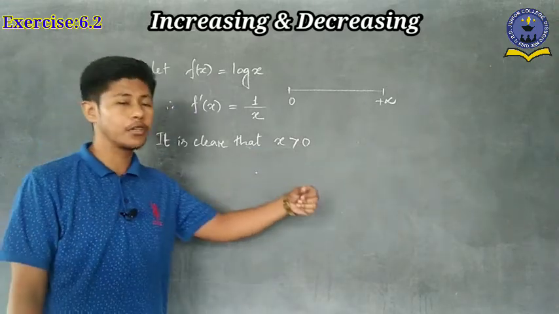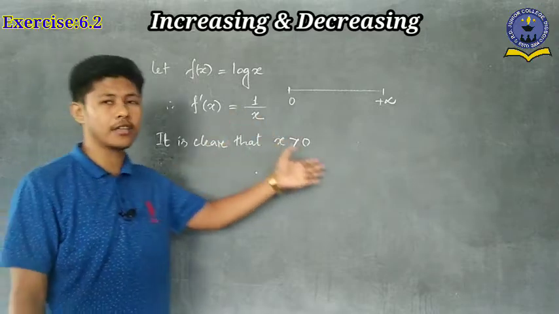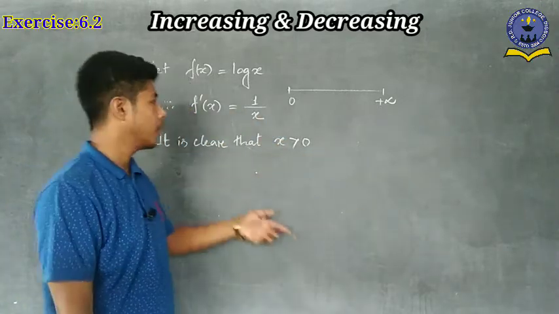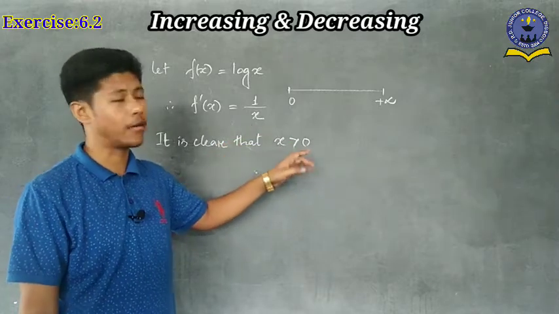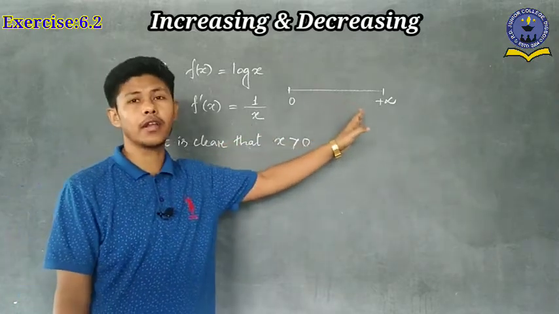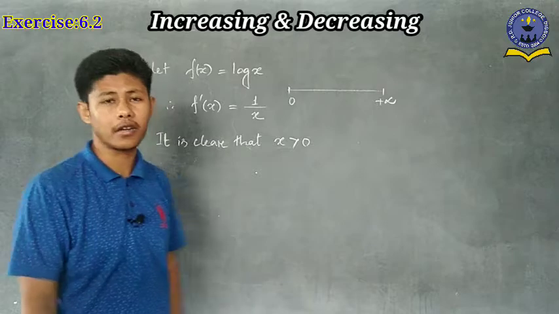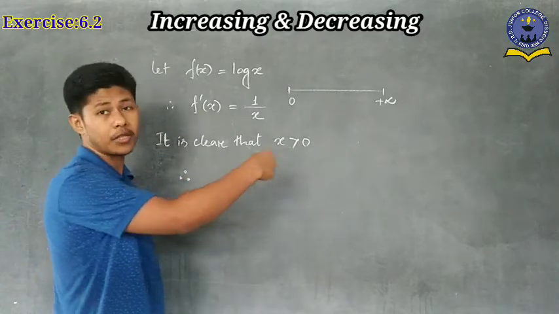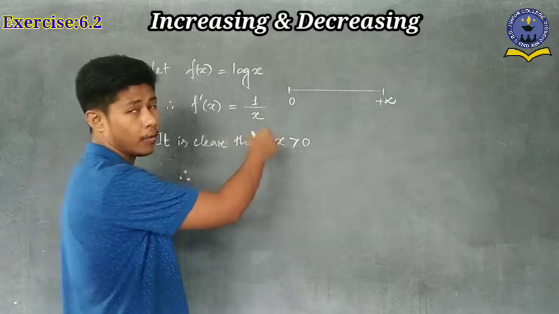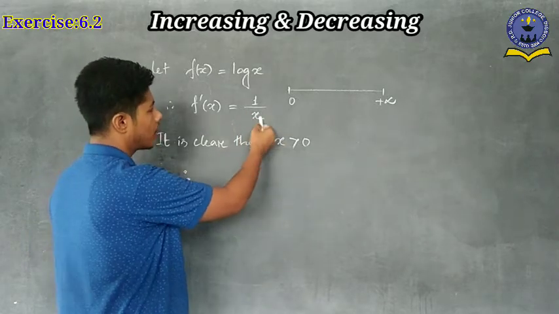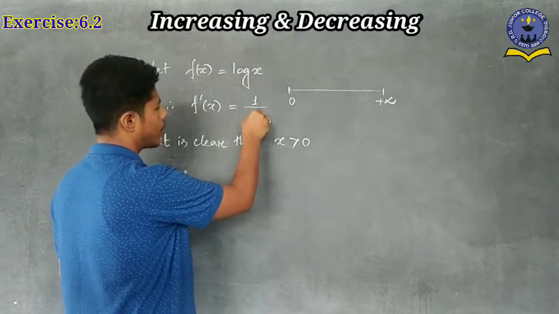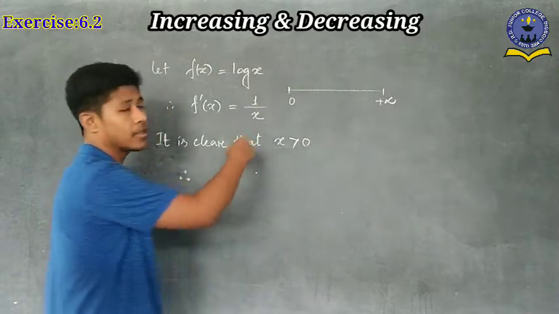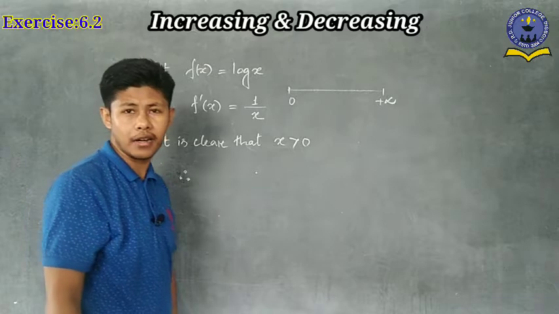Otherwise, if we choose x equal to 0 then it is undefined, and if we choose x less than 0 then we get negative values, and negative values are not included in 0 to infinity, isn't it? So if we choose positive values, that means values greater than 0, suppose we put 2, 3, or 4, any value, then obviously the whole value we get is greater than 0.